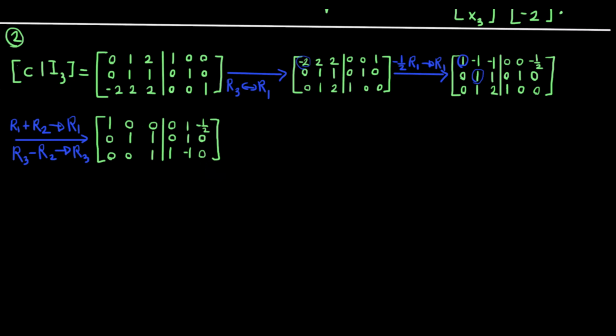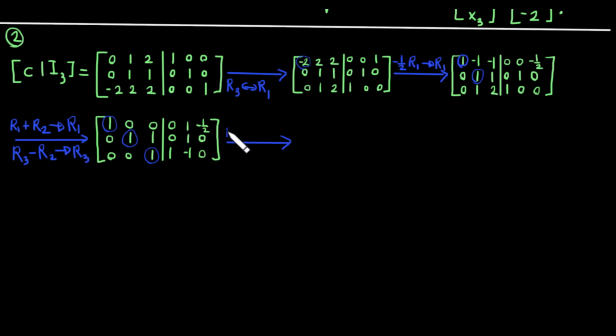As you can see, here we have 1, here 1, here 1. So here we have to make this number equal to 0. So we have to subtract this number with this number to make this one 0.